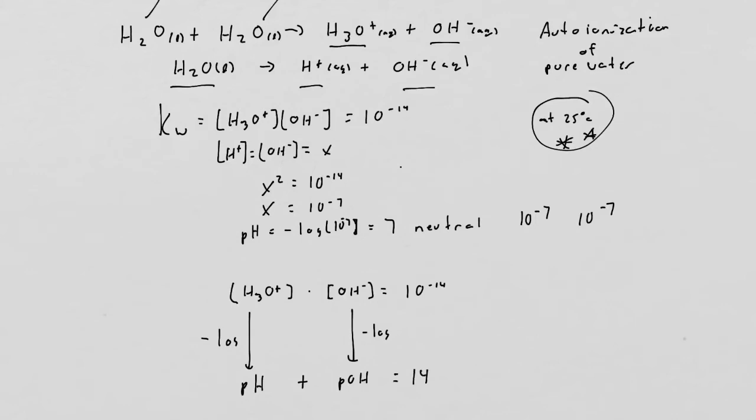So if, let's say, the pH was 1, then the pOH would be equal to 13, because they add to 14. All right? Now, you can go backwards from the pH or pOH to the concentration. So the concentration is 10 to the negative pH, or 10 to the negative pOH.